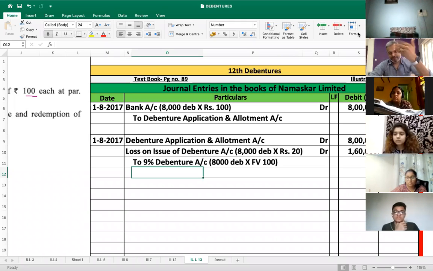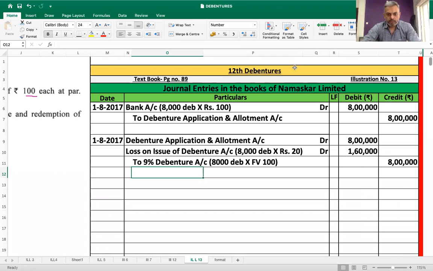We are going to pay after 5 years. But because I have committed, it is my loss. At the same time, after 5 years, I have to pay this extra 20 rupees, which is my liability. So I credit this to a liability account.